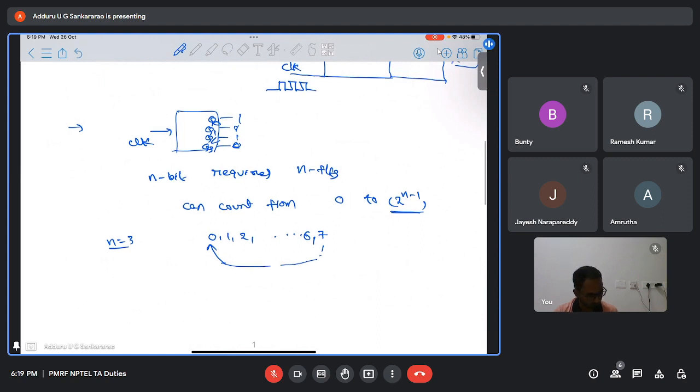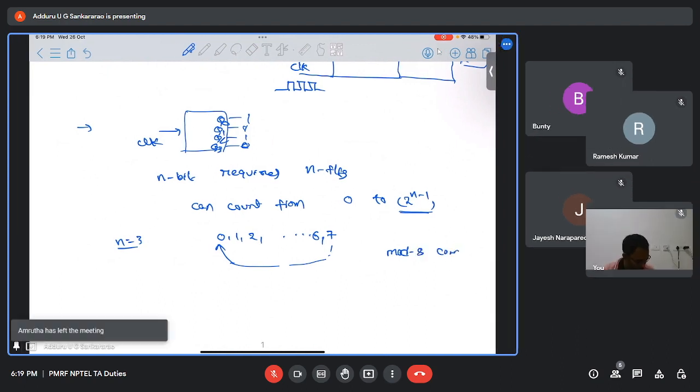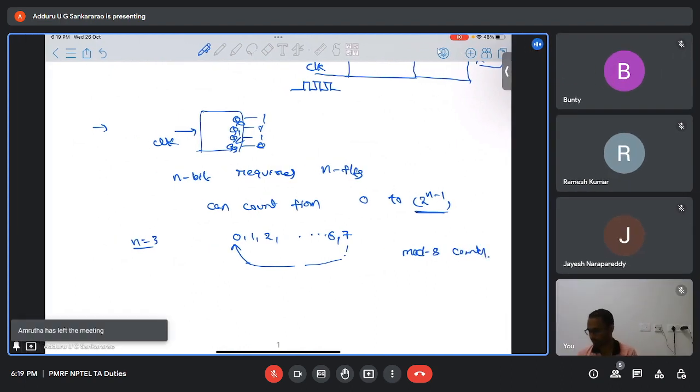So for this, how many states can it count? 8 states. It's a mod 8 counter.